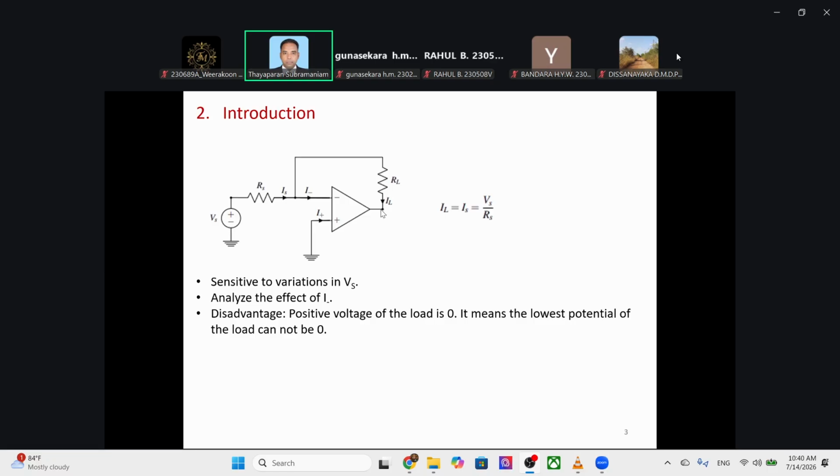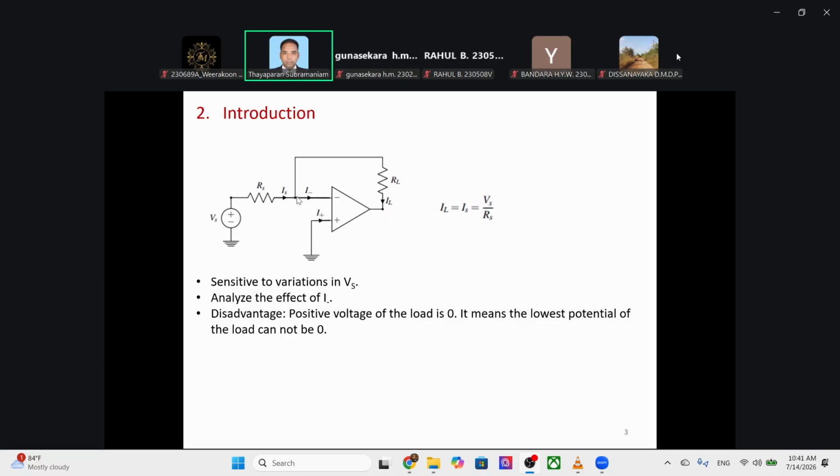But what are the negative aspects of this? Your output voltage has to be below zero.